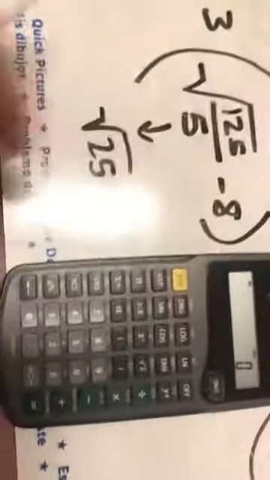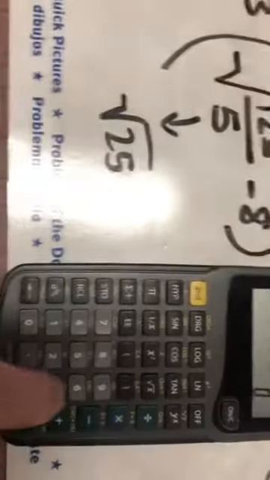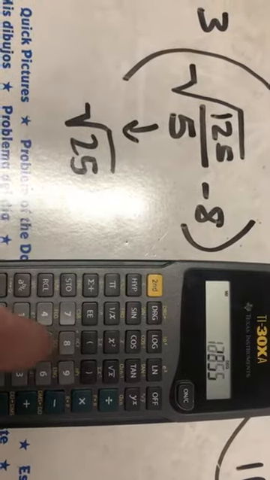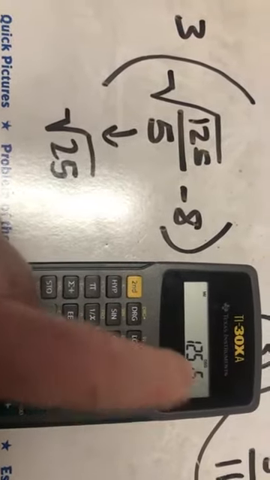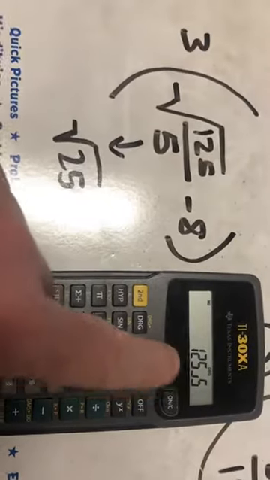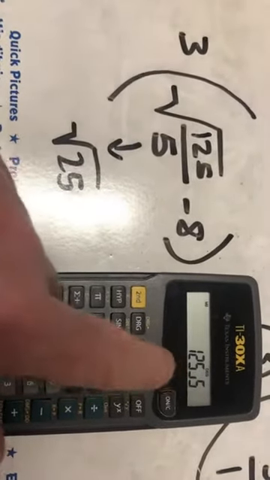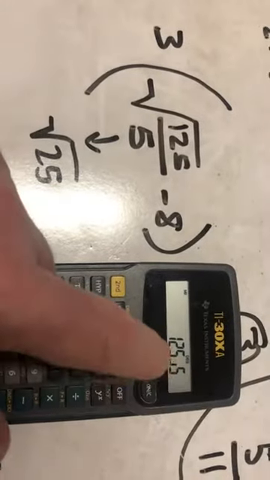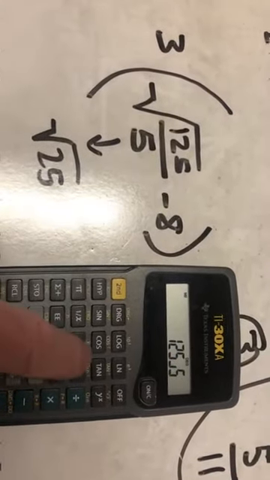Now, I'm going to show you a little trick here, because this one should work a little bit differently. I should be able to go 125 over 5. The calculator should recognize automatically that that equals 25. And I am going to be shocked if this gives me a different answer than 5 when I press the square root button.